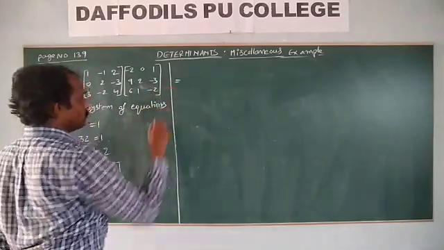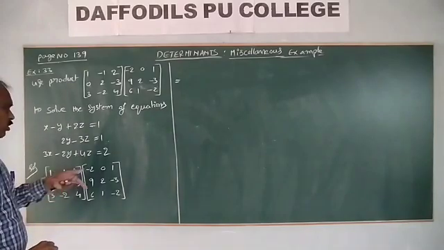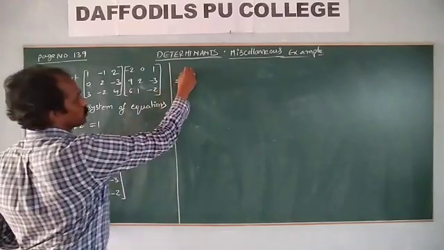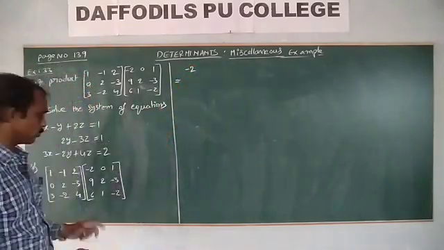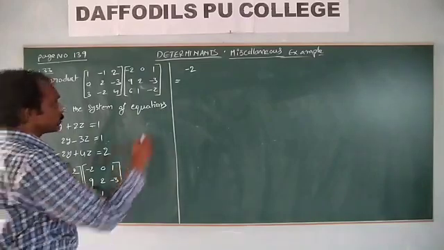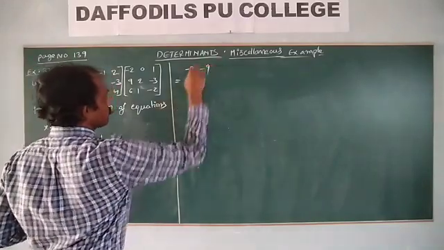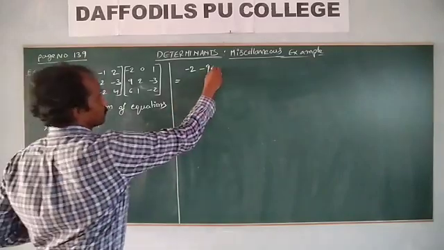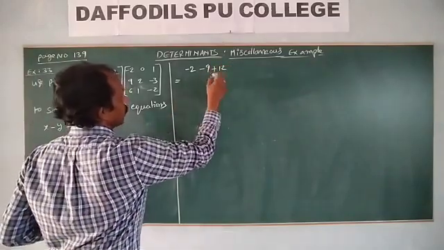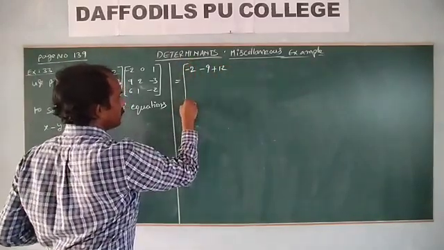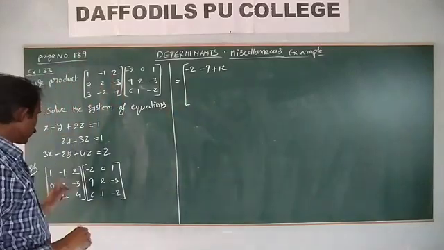Multiply first row, first column: 1 into minus 2 is minus 2, minus 1 into 9 is minus 9, 2 into 6 is 12. Okay, first element complete.